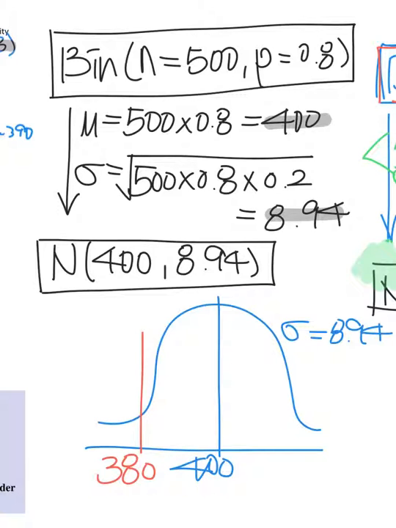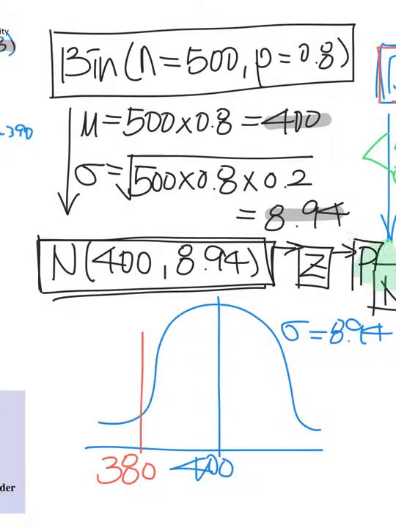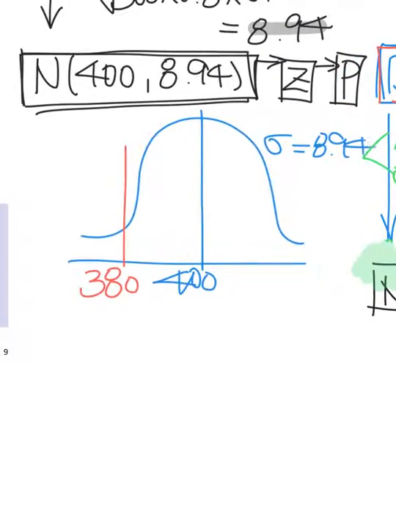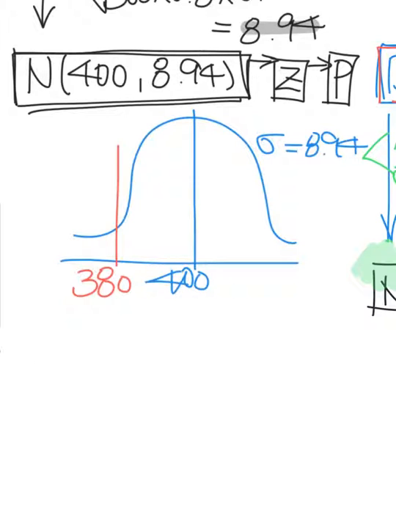To remember the map, when we take a normal distribution, then what do we need? A z-score. And then we took the probability from the z-table. Right? So now we need a z-score.